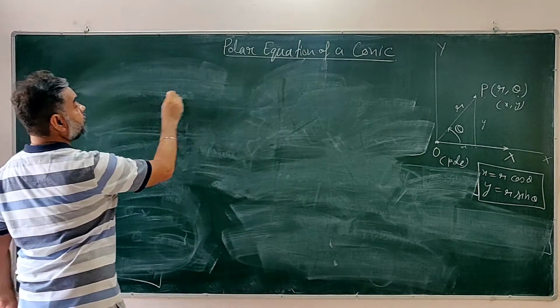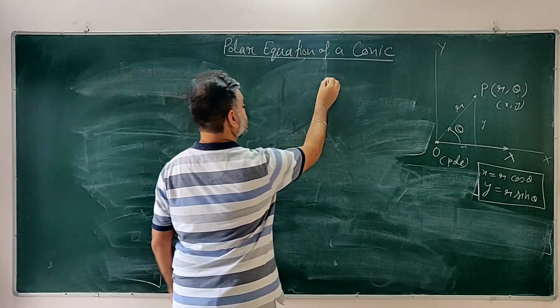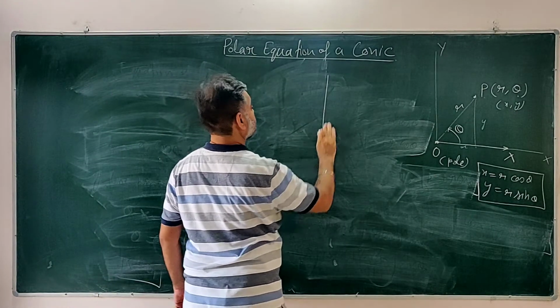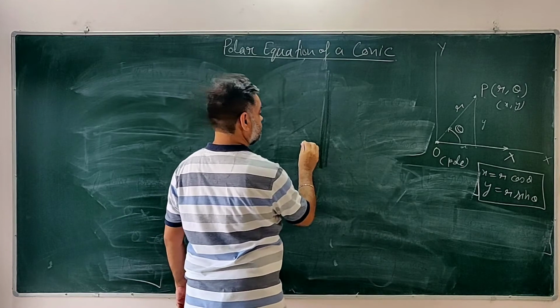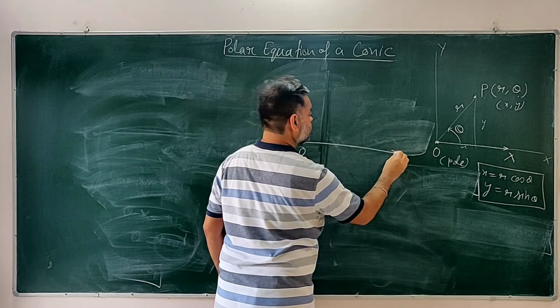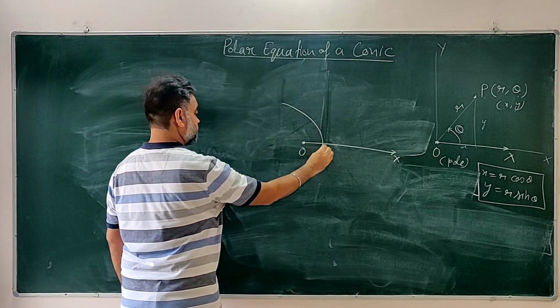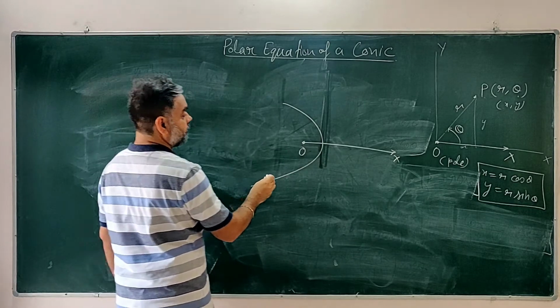So, equation of a conic in polar form. Suppose this is the initial point and this is the initial line, and suppose you have a conic here.